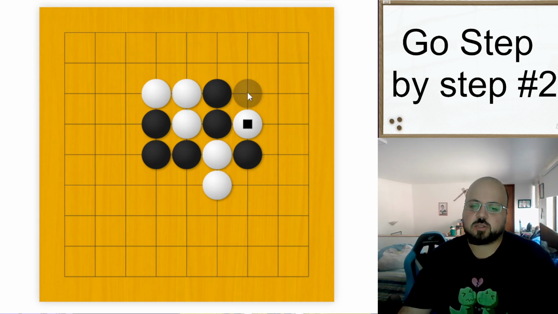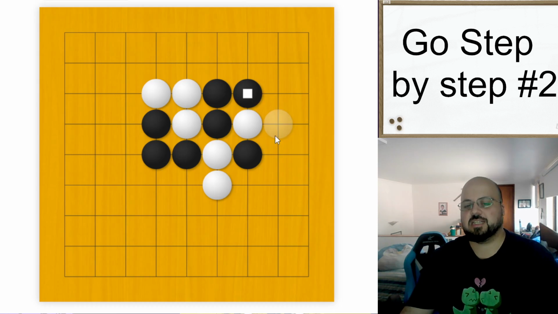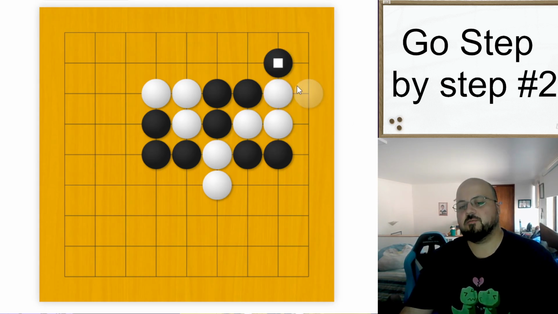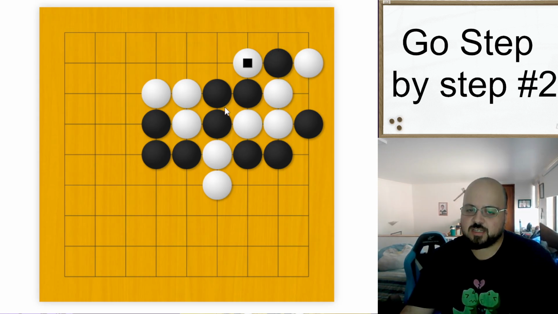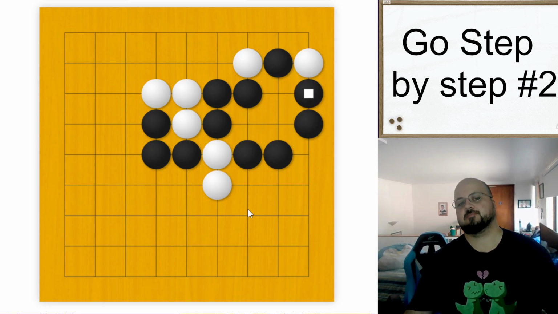Now it's not so easy, so I will Atari and block. Now it has only two liberties, and at this point, white will try to kill me. But I have one liberty in two groups, but he also has only one liberty.